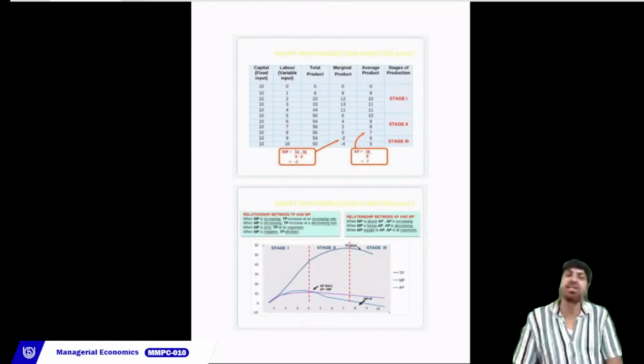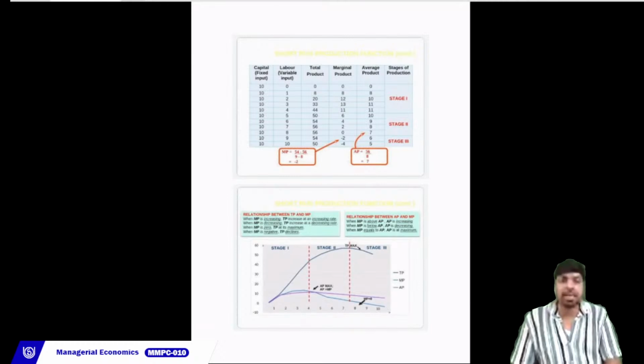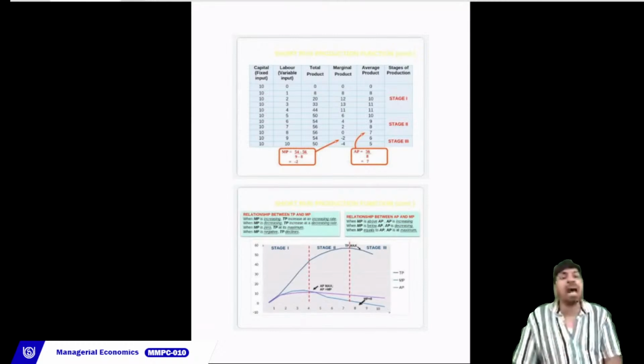So once you divide 12 by 1, you get the marginal product, 12. Let's talk about the third unit of labor. It's 33. So 33 minus 20 is 13, that is the change in total product, divided by the change in labor, 1. So the marginal product is 13.